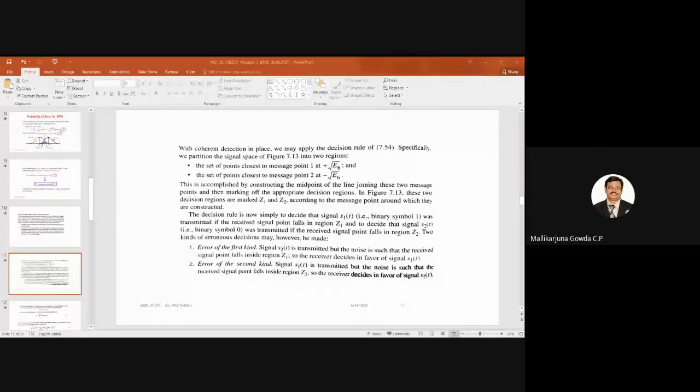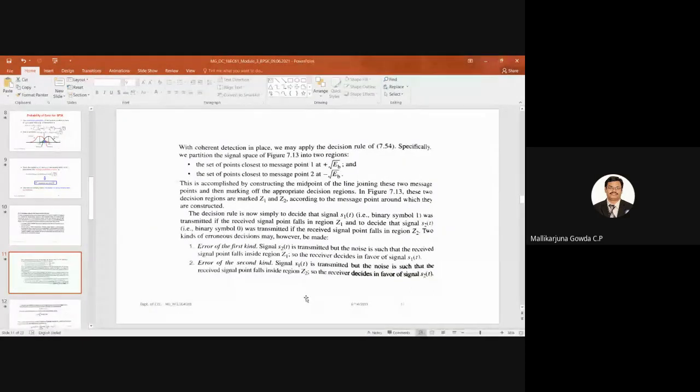Another error is when S1 of t is transmitted, but the noise is such that the received signal point falls inside the region Z2, so the receiver decides in favor of signal S2 of t. Let us try to understand how we compute this error.